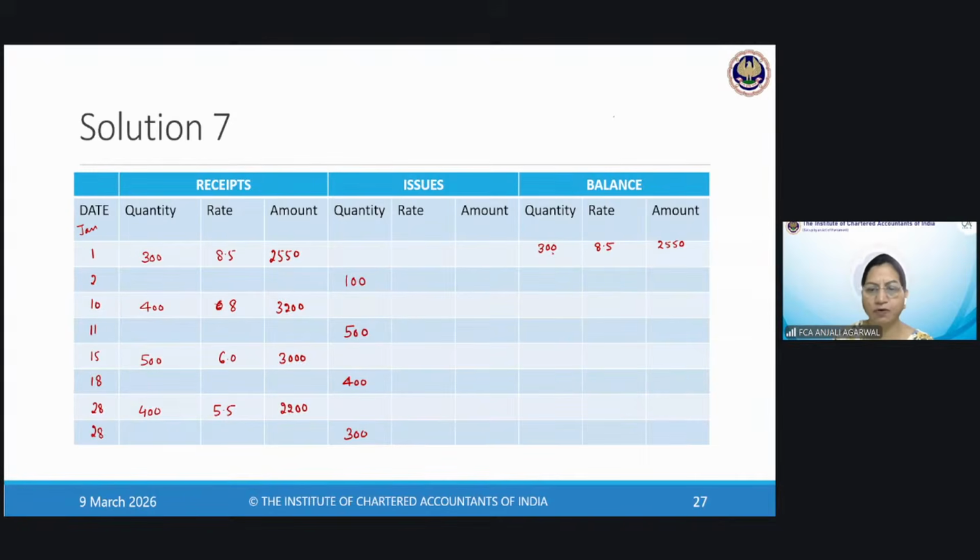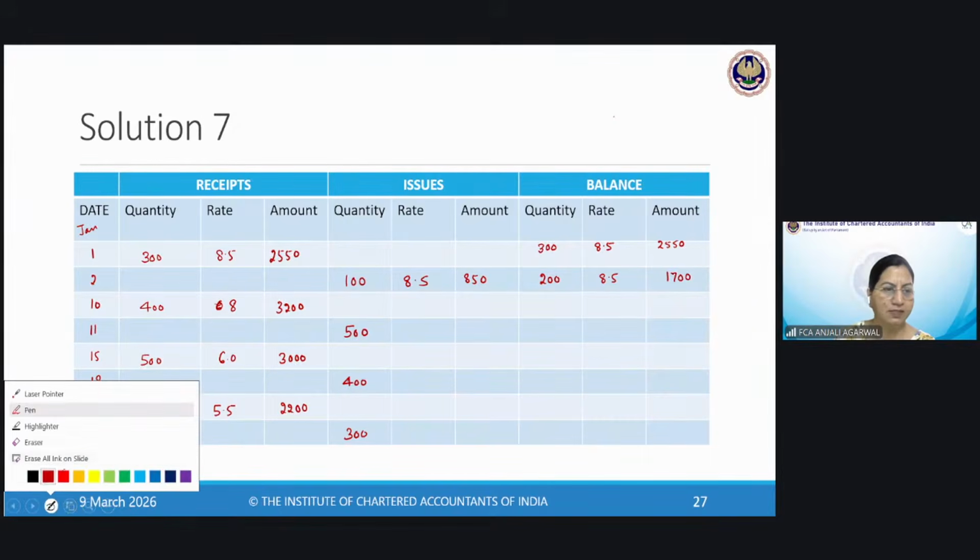So no matter whether you're following any method, LIFO, FIFO, weighted average, you have only one lot. So you will be issuing from here only. So 850 will go, and you will have remaining 200 units at the rate of 8.5, and 1700 would be the value of your inventory.